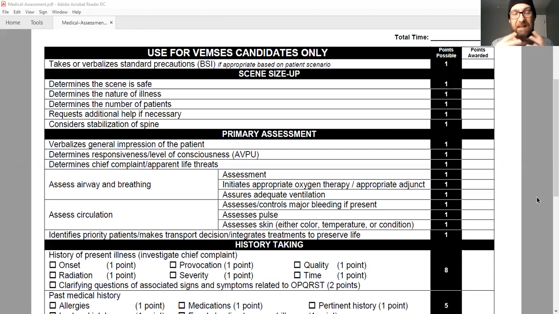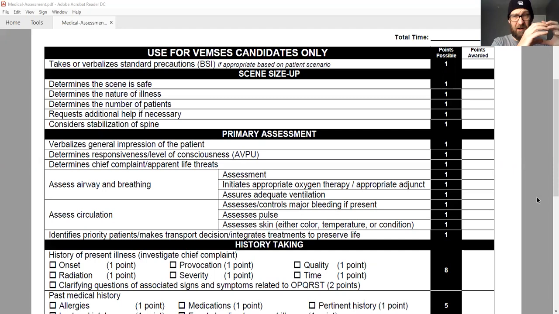It's exsanguinating bleeding. They're going to bleed out and die. I would start with circulation. So when we assess and control major bleeding, stop the bleeding, and I'm going to take a look at their skin condition and I'm going to check their pulse. Then I'll move back to airway and go all the way through airway and then go all the way through breathing. Okay. It's important to stay organized.